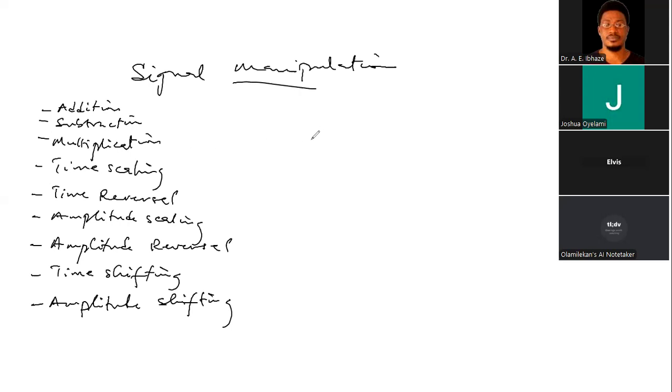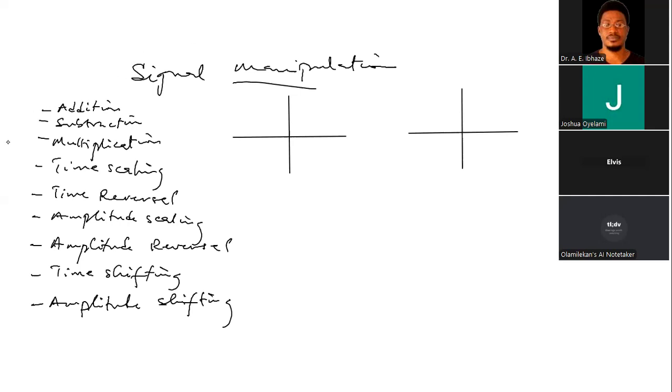So let's assume I have a signal, say like this. Let's be more precise. So let's assume this line. I have this line. Then I have this line.